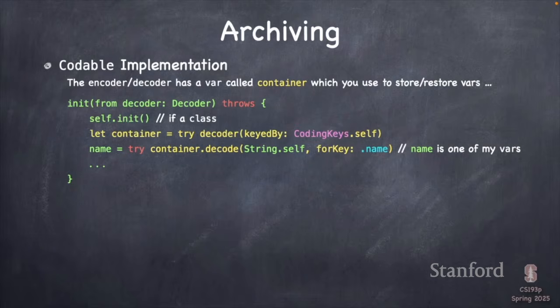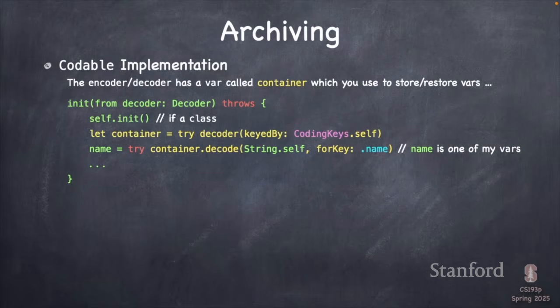And then you just go through for each of your vars, and you decode here by saying that your var, so name in green right there is one of my vars, equals container.decode, its type, which is a String, my name is a String, forKey .name, which is one of the enum cases in CodingKeys, the purple CodingKeys. So the blue enum thing is in the purple CodingKeys.